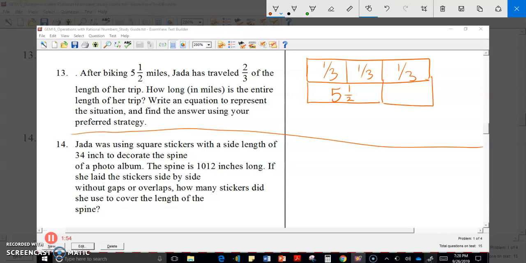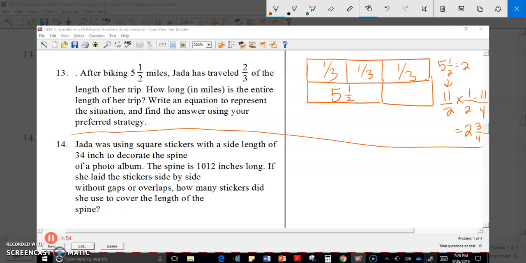So in order to figure out what that 1/3 is equal to, what one piece, I can now take 5.5 and divide it into those 2 groups. So 5.5 divided by 2 is, 5 times 2 is 10 plus 1 is 11, 11 over 2 times 1/2, which is equal to 11/4, which is also equal to 2 3/4.